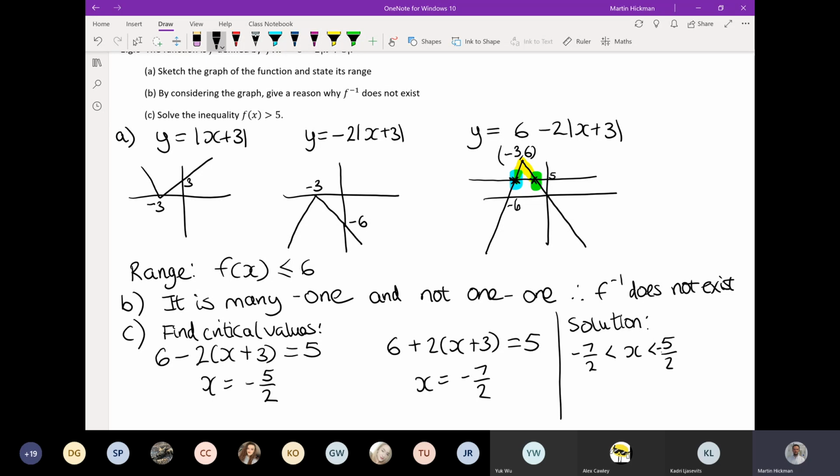Make sure you get that inequality the right way around, by the way. Some people sometimes get that incorrect and it wouldn't make sense the other way around. Okay, so that would be your solution, just between -7 over 2 and -5 over 2. And looking at your graph, that makes sense. It's just going to be between two numbers, and you know they're both going to be negative.